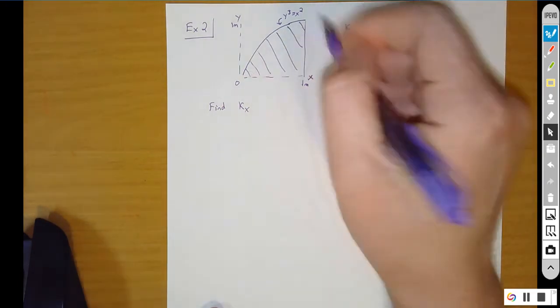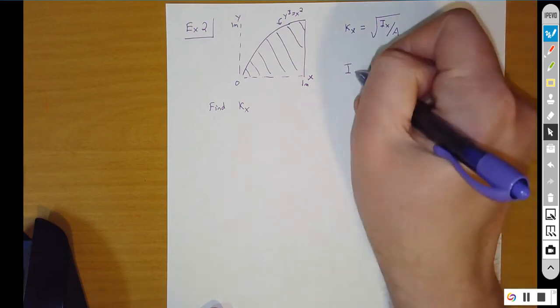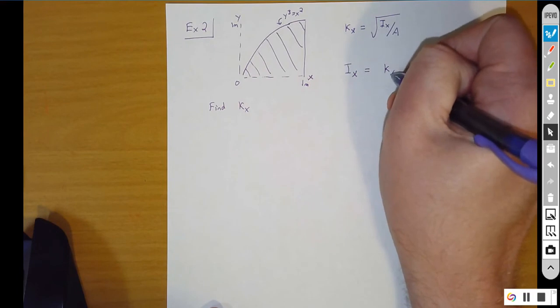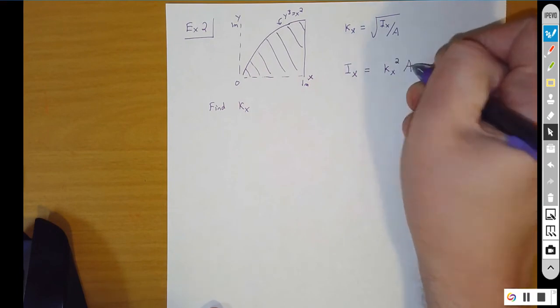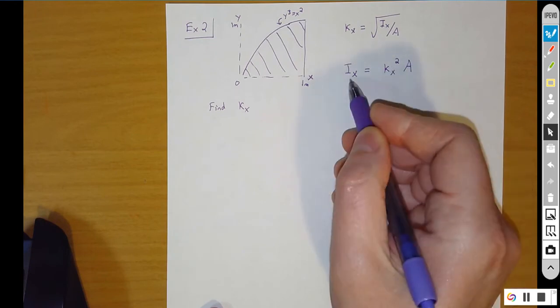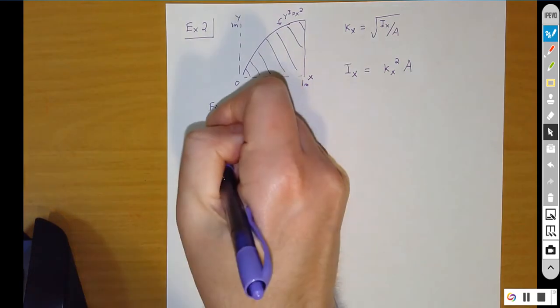So if you have a complex shape in a problem, they may tell you what the radius of gyration is, and you have to convert it over. In that case, you would say, oh, it is kx squared times area. So that way you can convert for complicated shapes to an area moment of inertia, which is very useful. But we'll go ahead and calculate it for this problem.